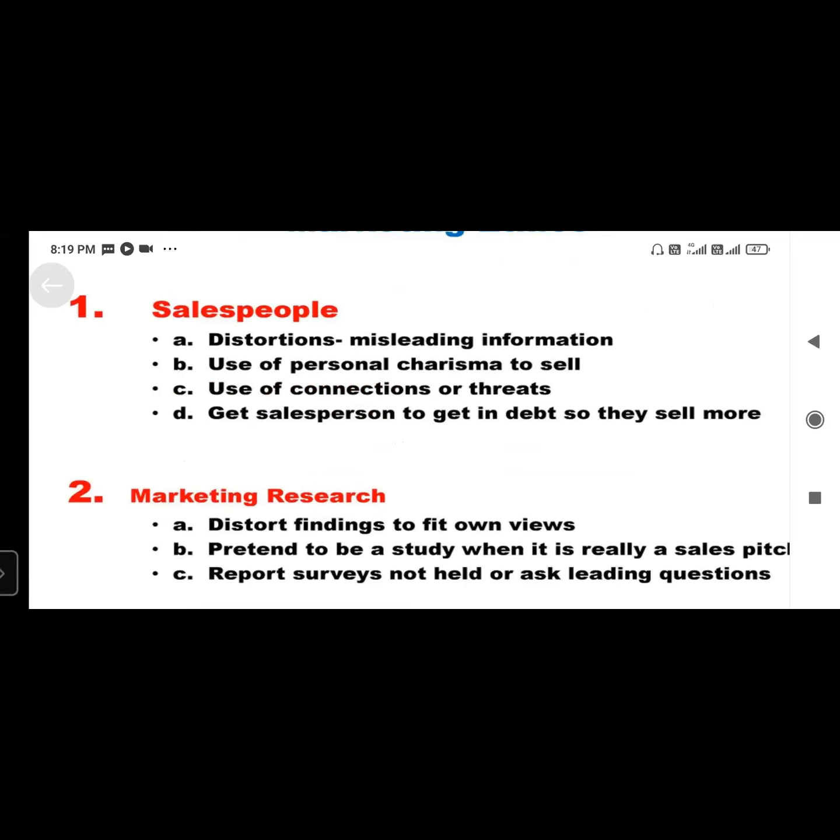So distortions, misleading information. So misleading information intentionally is being provided by the company to the customers. And that is again an unethical practice.